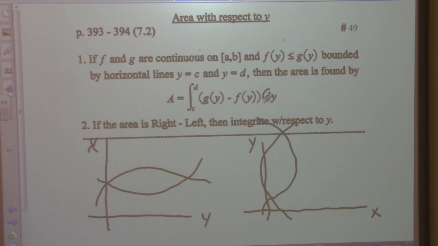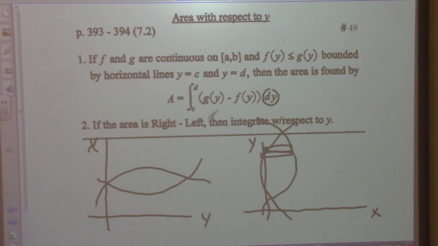But then what you're going to have is dy. What you're looking for is these rectangles here. The dx is this. And when you make these infinitesimally small, that is the definition of the integral that gets you the answers.